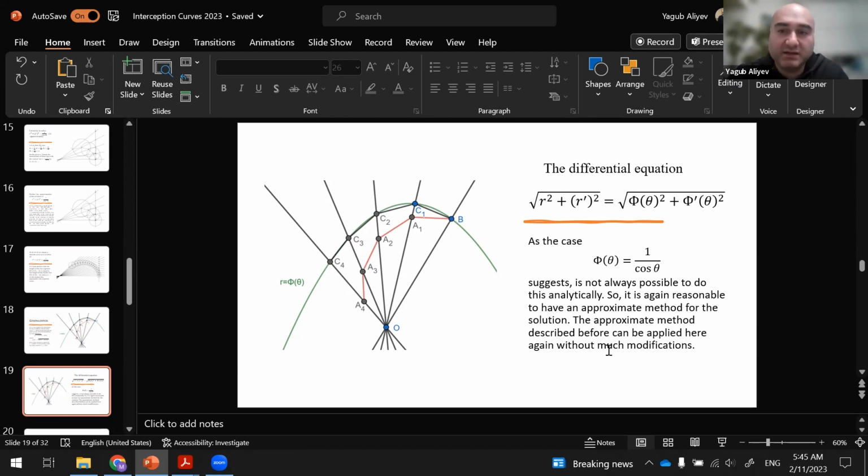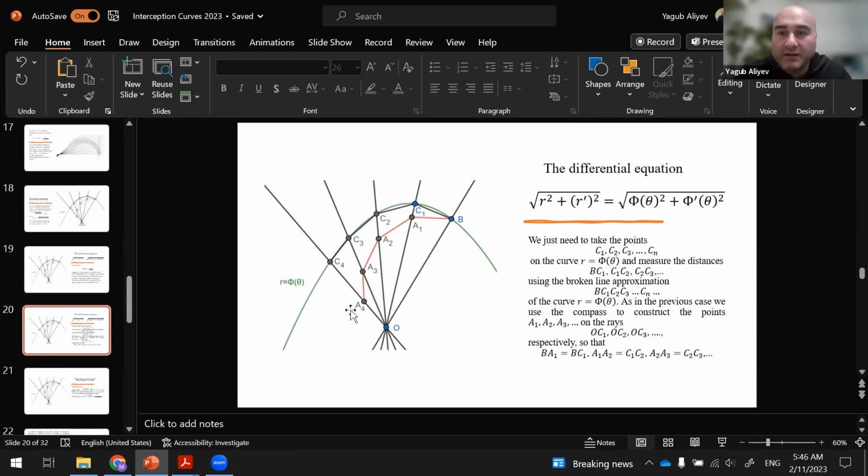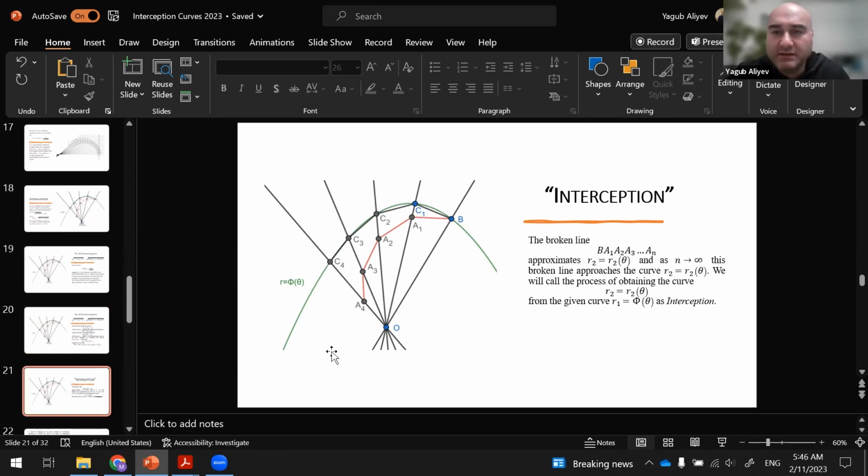So it is again reasonable to have an approximate method that I demonstrated here. Okay, one can construct this polygon as I described it. So I skip this. We call this process of constructing a new curve interception.